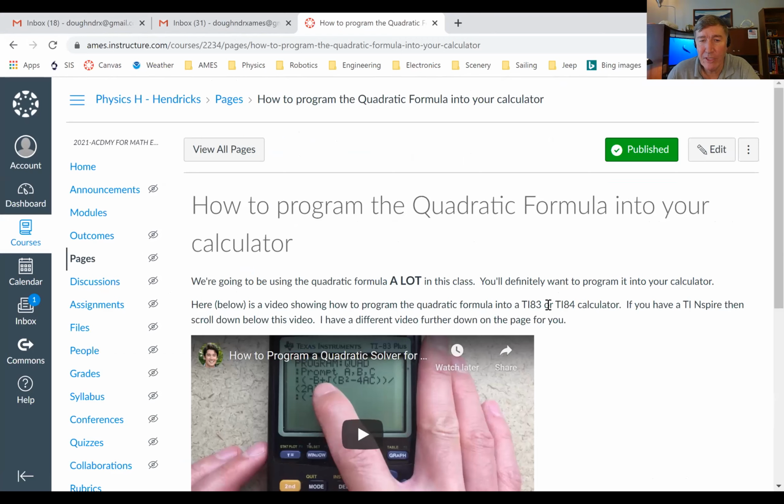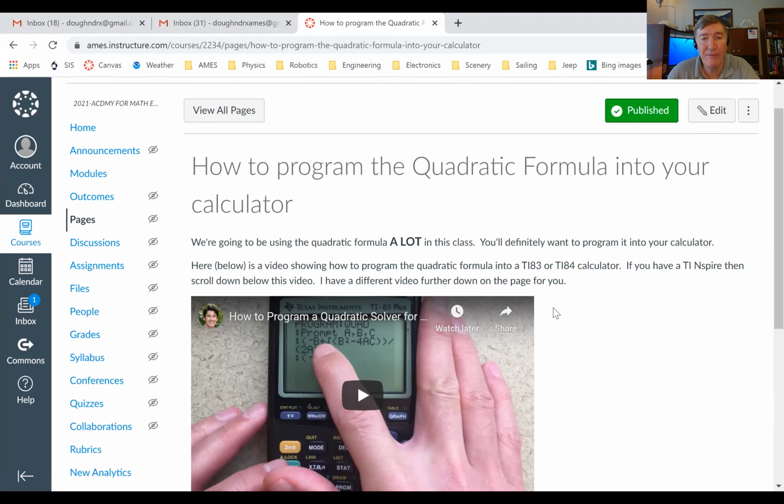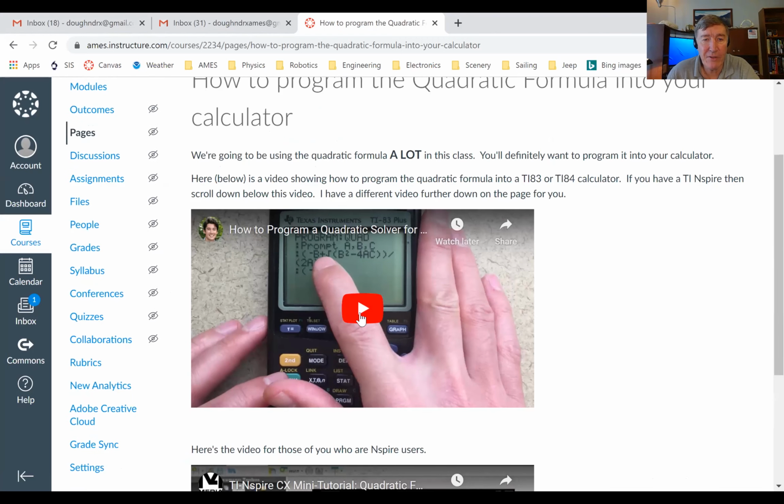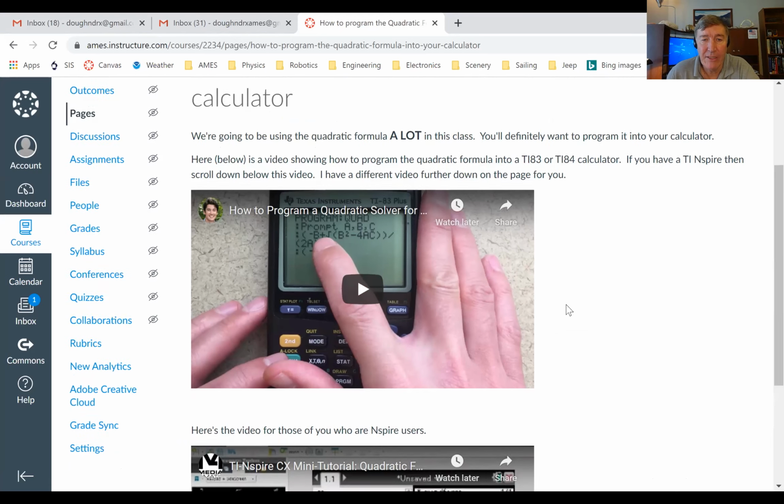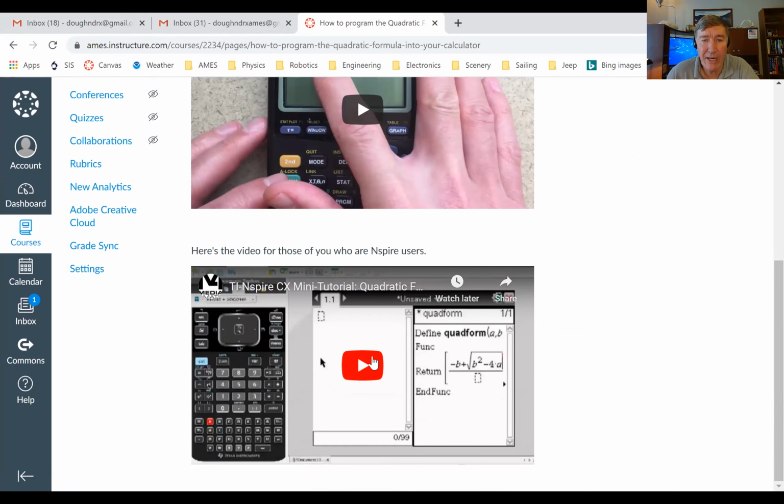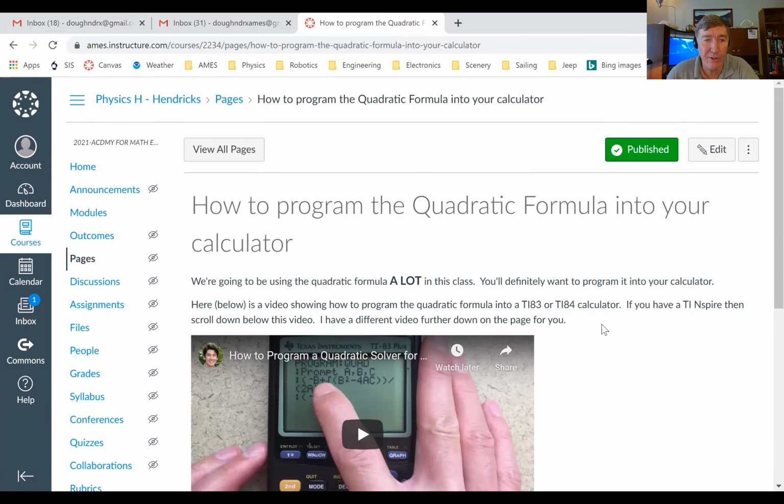I think I showed this to some of you. This video tells how to program your TI-83 or 84 to do the quadratic formula for you. This video shows how to program your TI-Nspire to do the quadratic formula for you.